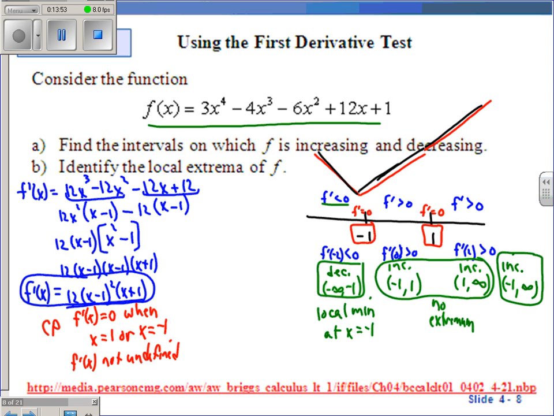Okay, and it was decreasing from -infinity to -1. So those are the intervals where it was increasing and decreasing. Our extremum, we had a local minimum at x equal -1, and we had no extremum at x equal to 1. So the only one was at x equal to -1.